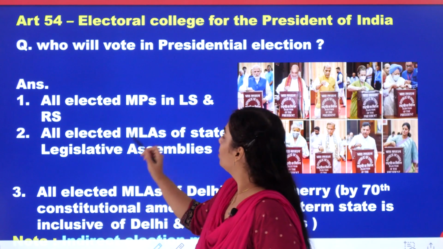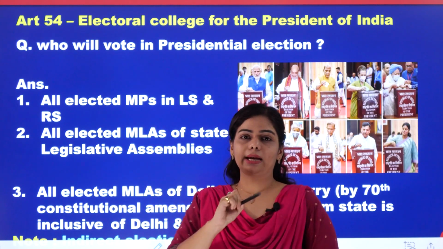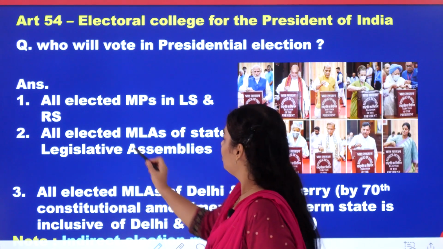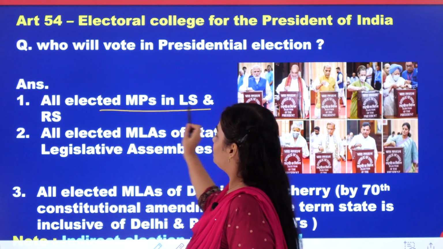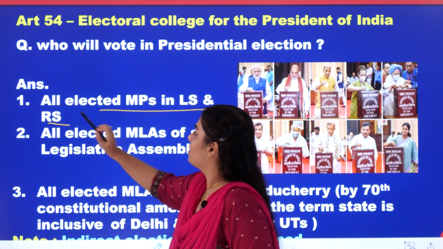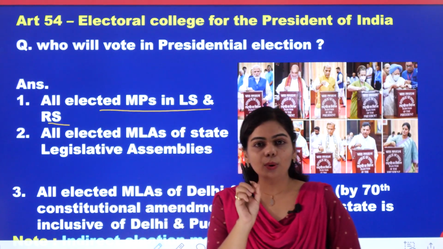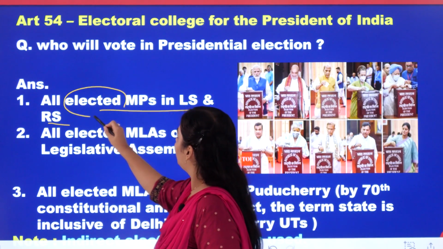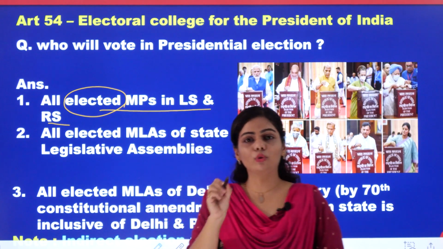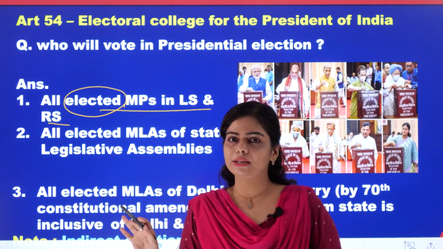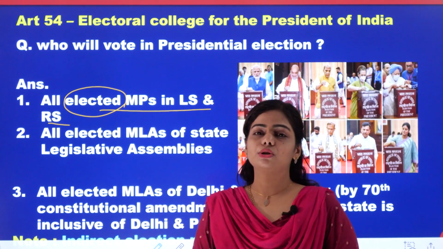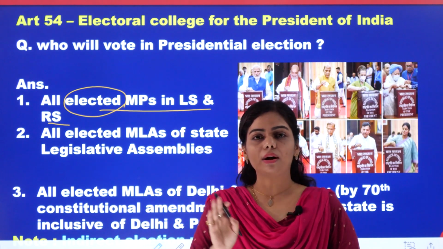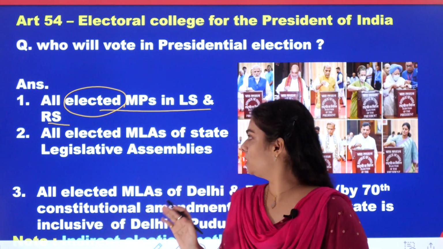The first ones who would be voting for electing the President of India are all elected MPs in Lok Sabha and Rajya Sabha. The key word to be noted in this very point is elected. So, the members have to be elected. No nominated members are allowed. No nominated members participate in the presidential election.